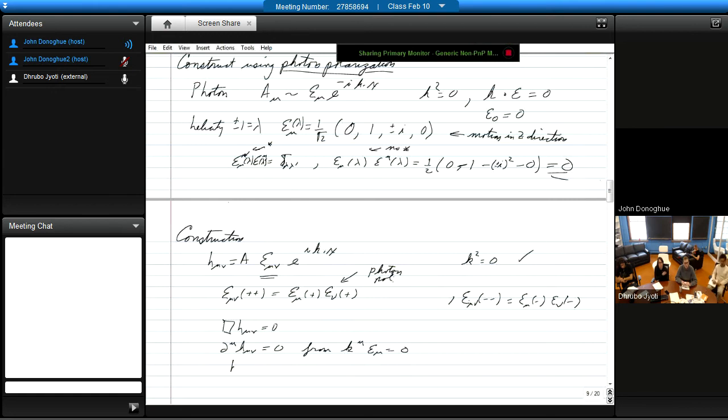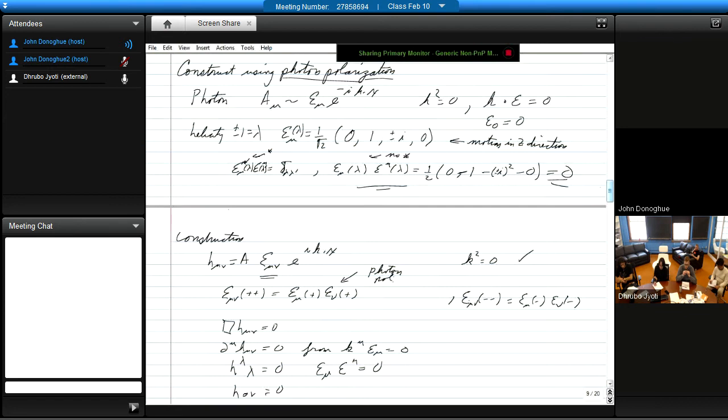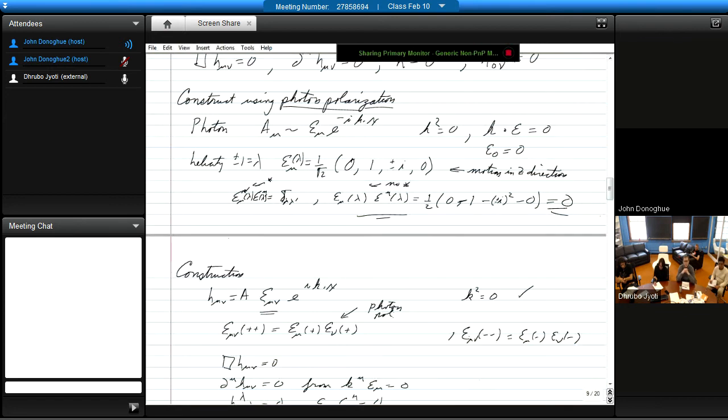It satisfies the traceless condition, h lambda lambda equals 0, from epsilon mu equals 0, which I pointed out up there. And it satisfies h0 nu equals 0 because the epsilons all have 0 components.